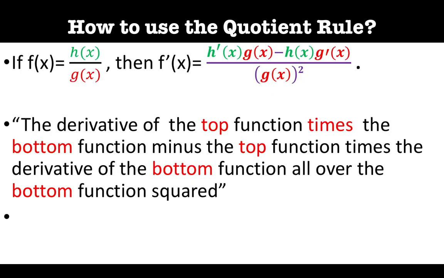Now, what is the quotient rule? How do you use it? Whenever you have two functions that are being divided, that's when you know to use the quotient rule. It looks longer, but it's very similar to the product rule. If you got the product rule down, then this one might come a little easier.